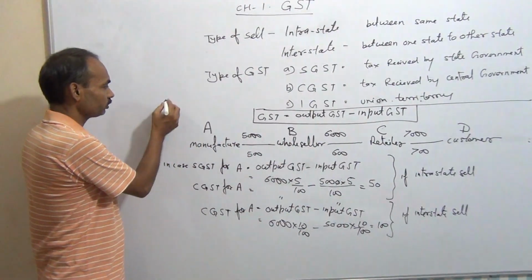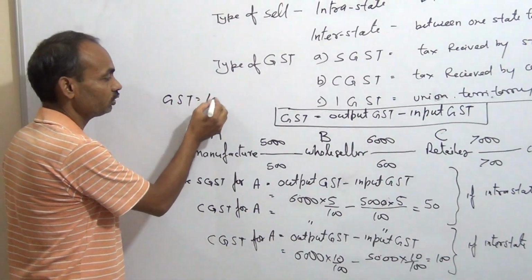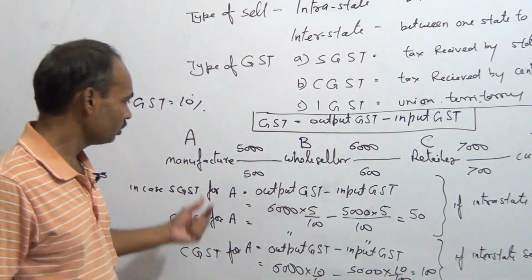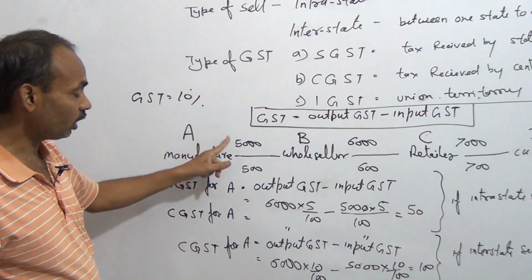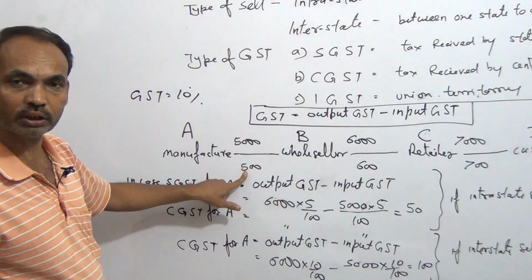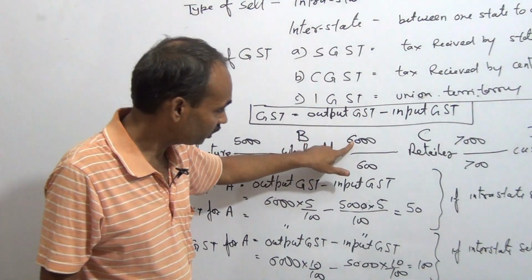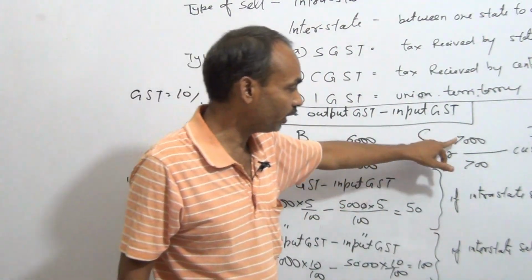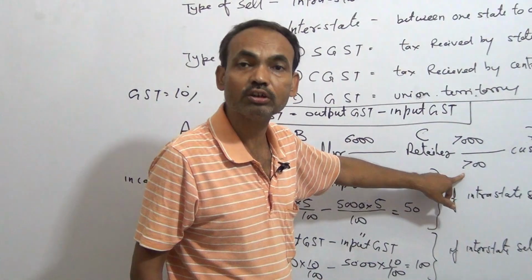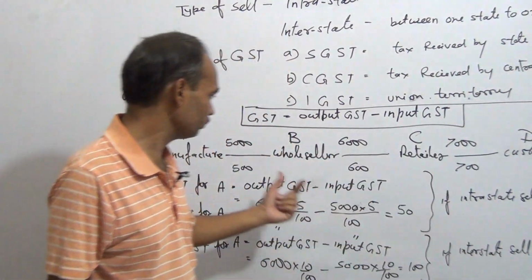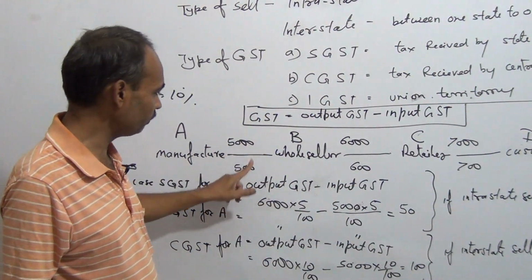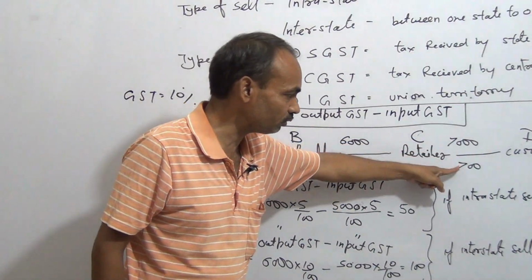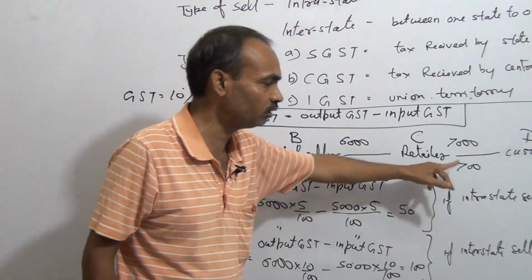Let GST be 10%. Then the GST on 5,000 is 500, the GST on 6,000 is 600 and the GST on 7,000 is 700, because 10% of 5,000, 6,000 and 7,000 is 500, 600 and 700.